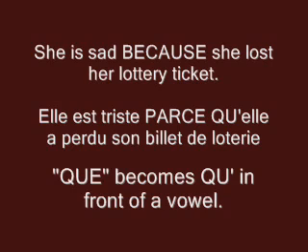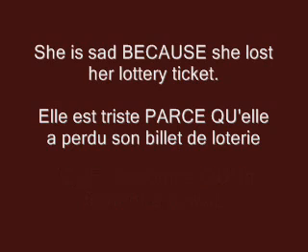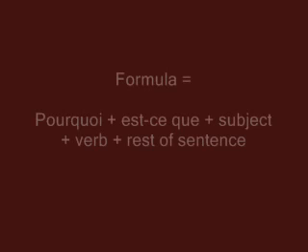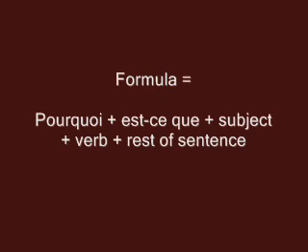Now let's learn the second method, the method with est-ce que, that I usually call the magic expression. It's very easy to use. The formula of this method B is very simple: pourquoi plus est-ce que, which will usually come right after the interrogative pronoun, and then the subject, the verb and the rest of the sentence.